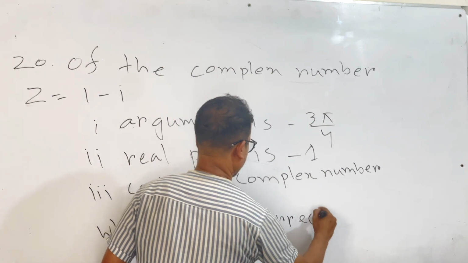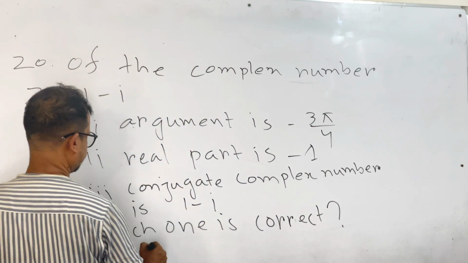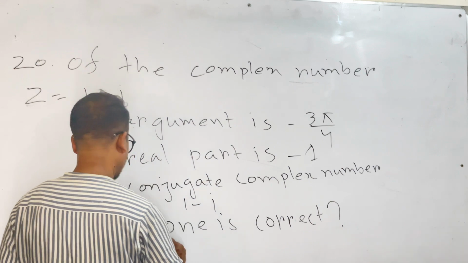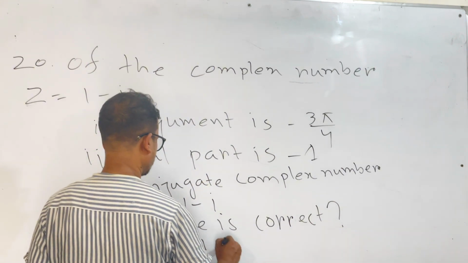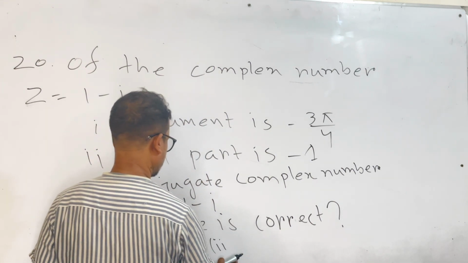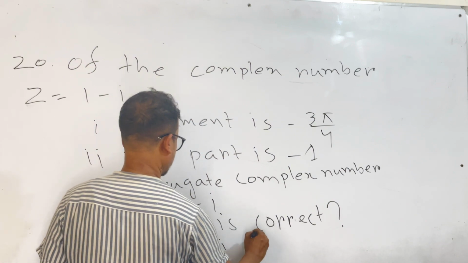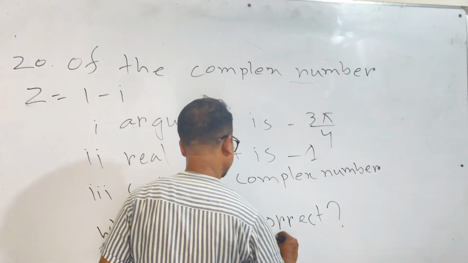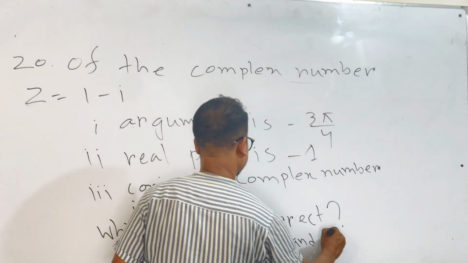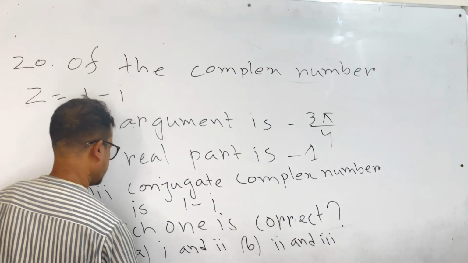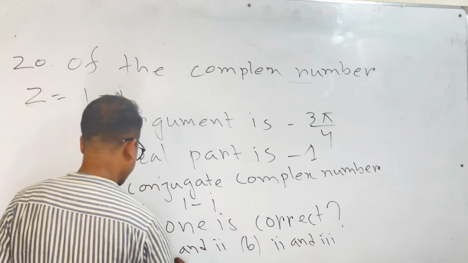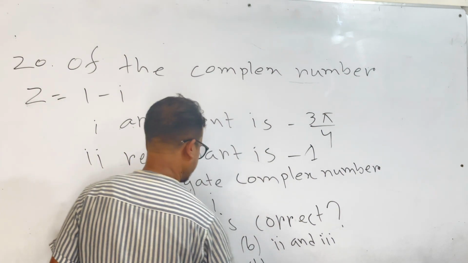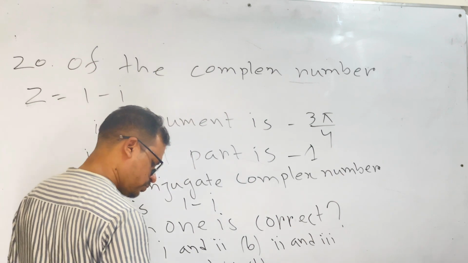Which one is correct? A, 1 and 2; b, 2 and 3; c, 1 and 3; d, 1, 2 and 3.